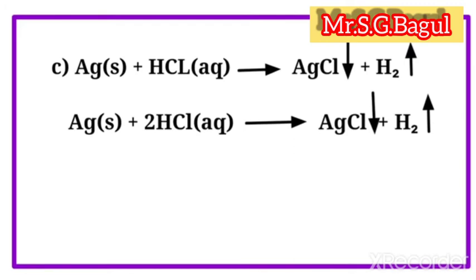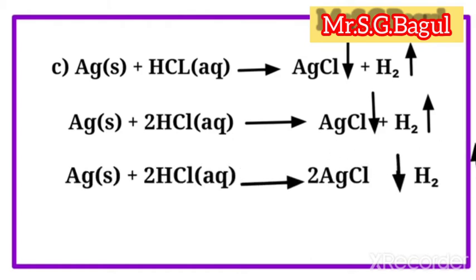Now check whether the equation is balanced. The number of chlorine atoms is unequal on the two sides. Now we will balance Cl atoms. Apply a factor 2 to the product AgCl. We will get this equation. Check whether the equation is balanced. The number of silver atoms is unequal on the two sides.